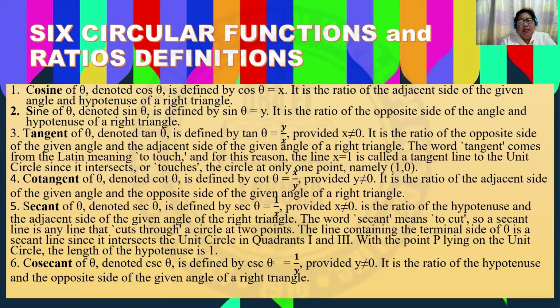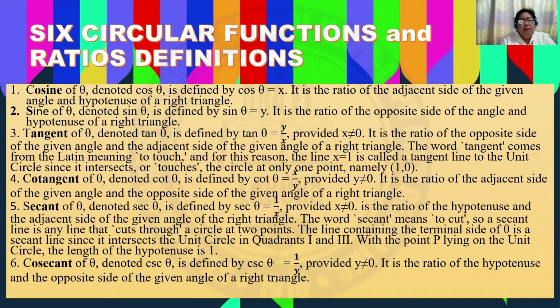And it is the ratio of the hypotenuse and the adjacent side of the given angle of the right triangle. The word secant means to cut. So a secant line is any line that cuts through a circle at 2 points. The line containing the terminal side of theta is a secant line since it intersects the unit circle in quadrants 1 and 3.